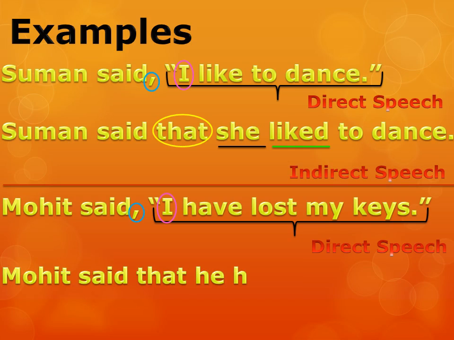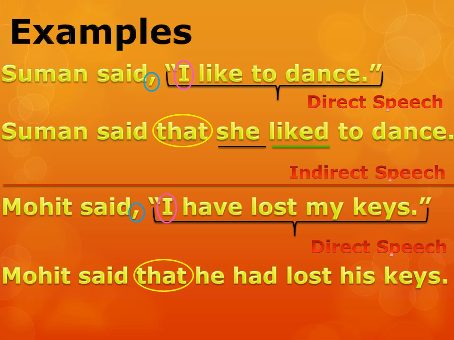Now let's take another example. Mohit said that he had lost his keys. In this sentence we see there is no comma and no inverted comma present. The second thing we notice is that the conjunction that has been used to join the speech with the rest of the sentence.